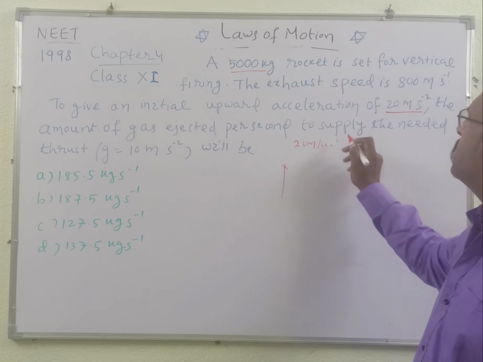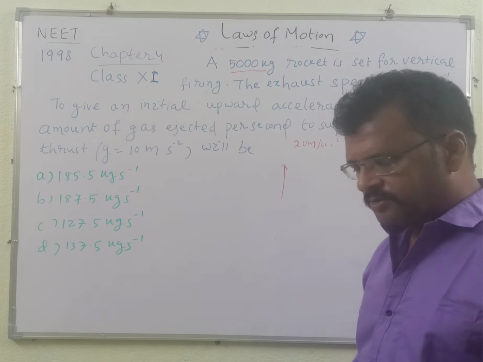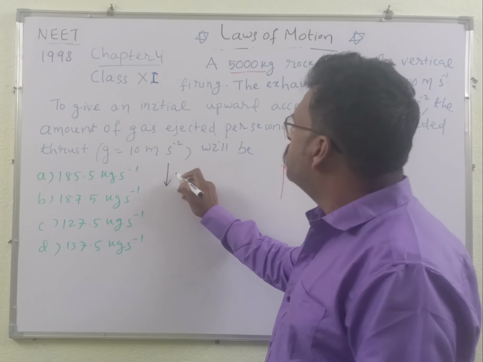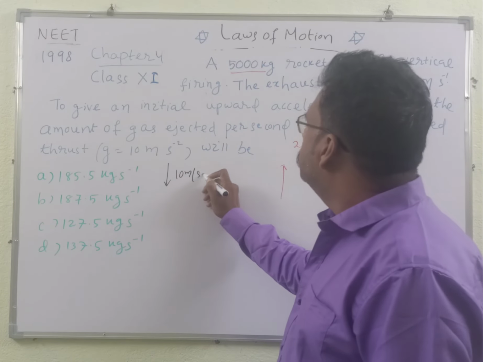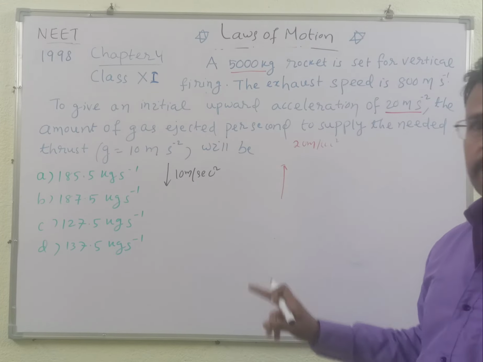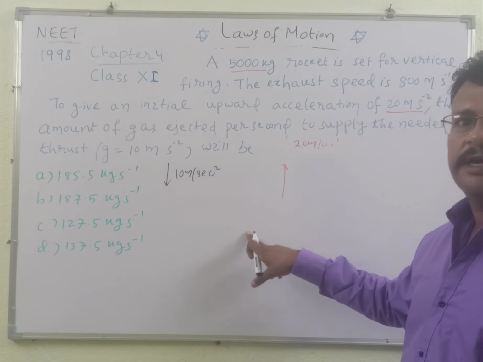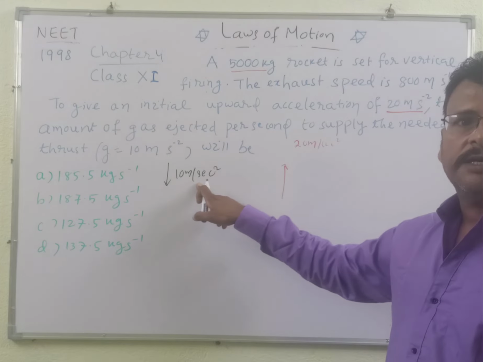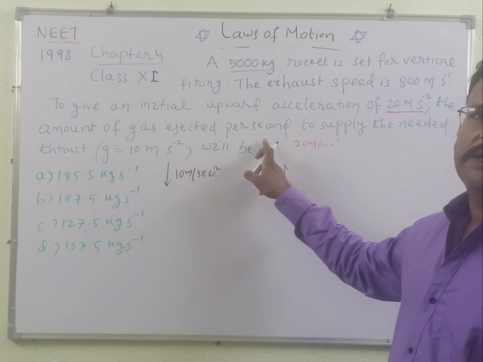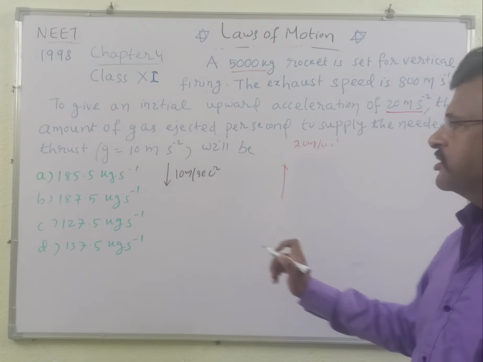When the rocket will have 20 meter per second square, student, you know the acceleration of gravity will act in this way with 10 meter per second square. Okay, so the thrust has to be such that this will balance the downward acceleration of 10 meter per second square and give an upward acceleration of 20 meter per second square, students.